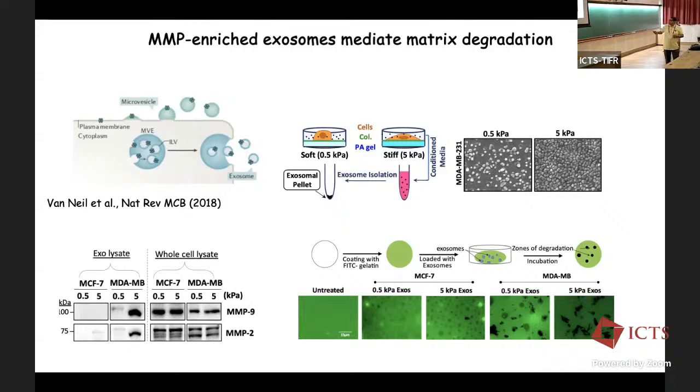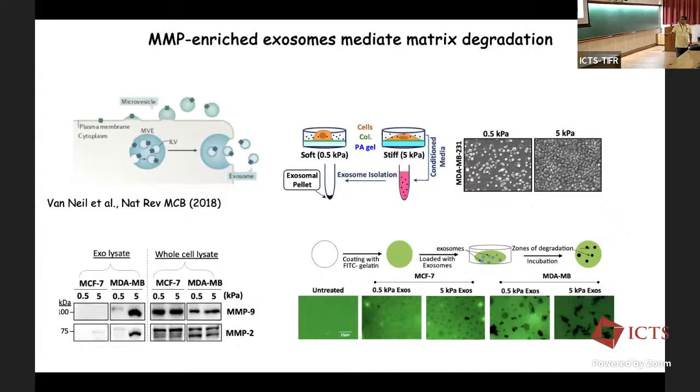So we isolated the exosomal pellet and probed whether MMP9 is indeed present. First of all, whether there is an increase in exosome number: what you can clearly appreciate is that increase in stiffness leads to a significant increase in the secretion of exosomes. By doing gelatin degradation experiments, where we incubate fluorescently labeled gelatin coats with the exosomal pellet, we can detect these degradation spots.